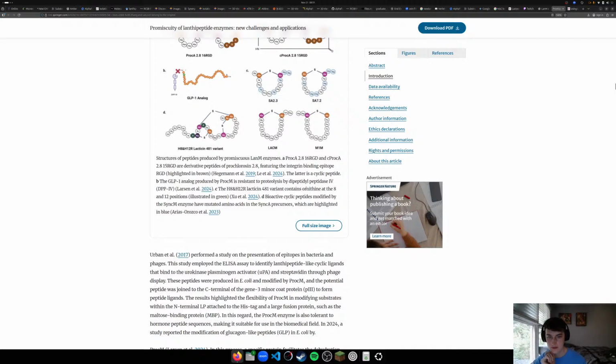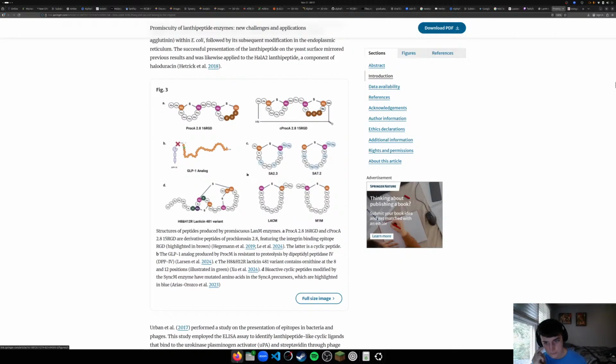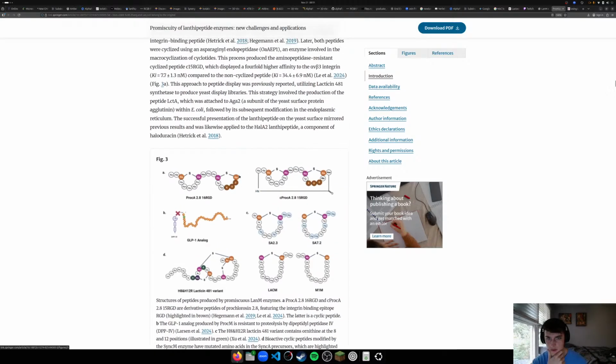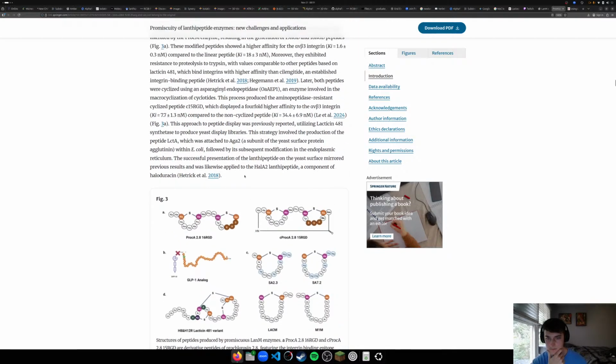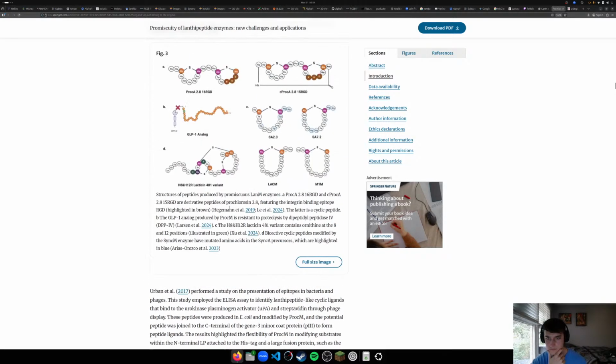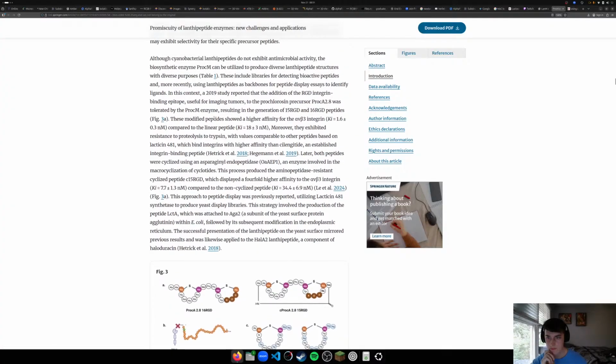It's resistant to proteolysis by peptidase. Cool. So are these all produced by ProcM? What is the reference, figure 3? Report of the addition. The generation.